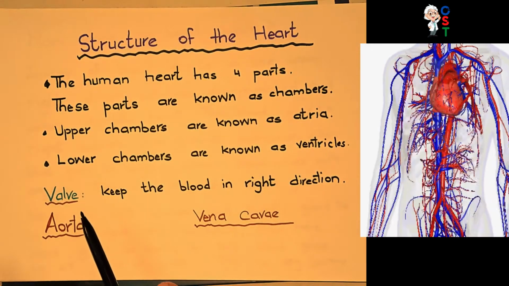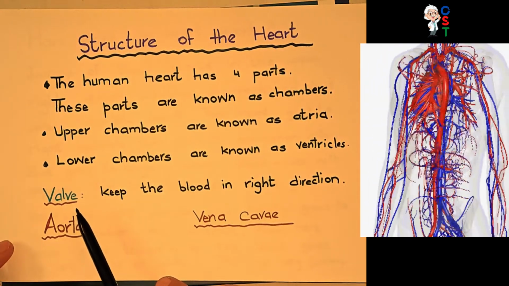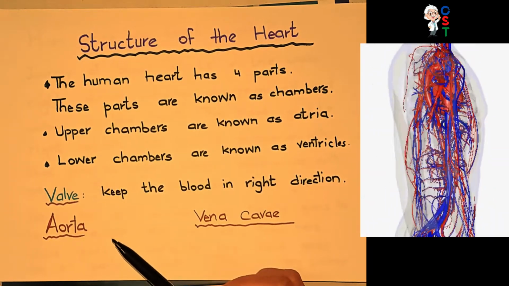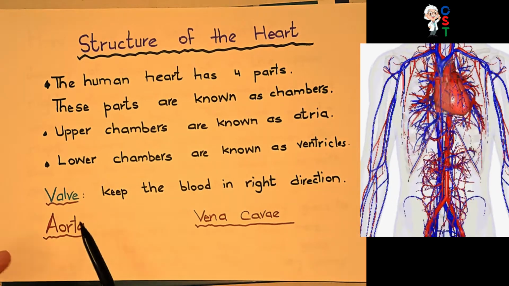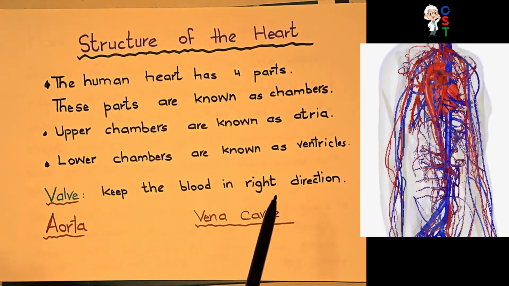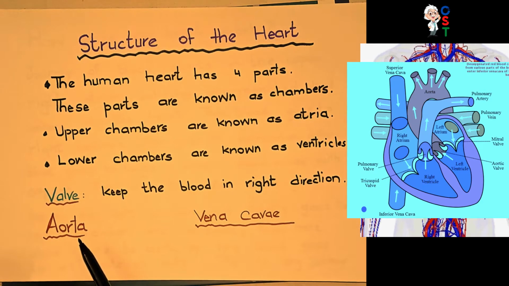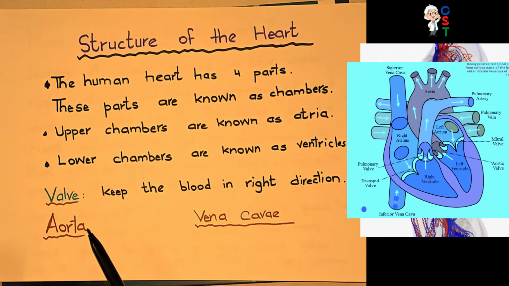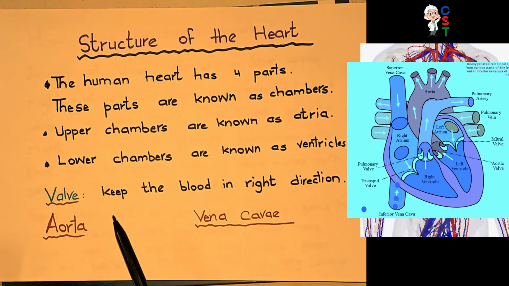Another thing I would like to add is the valve. Valves are the doors, or you can say they are the separation between atria and ventricles, and they keep the blood in the right direction. And there is one main artery that is known as the aorta. Aorta carries blood from the heart to the other parts of the body.